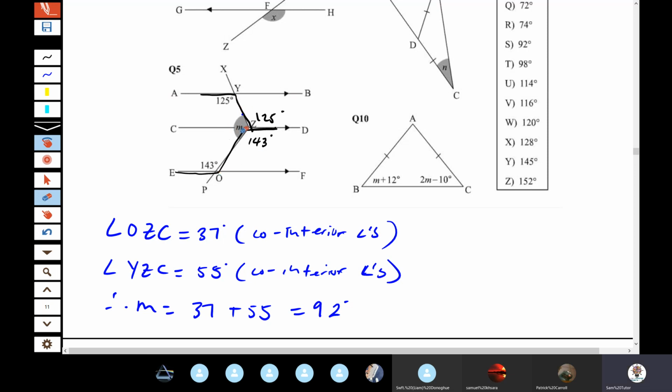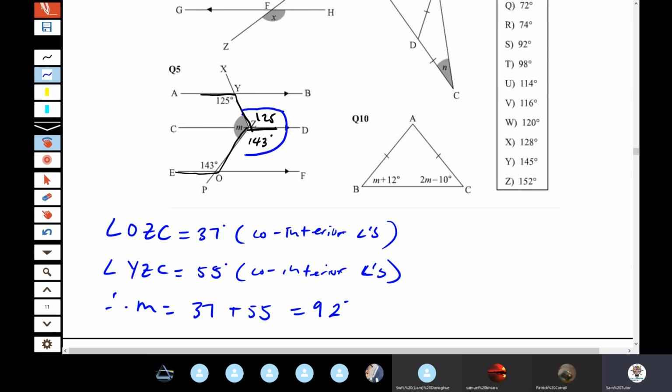Can someone tell me another way of finding M without doing the 180 takeaway? I know these two now. Add them, and there's a 360, a revolution.